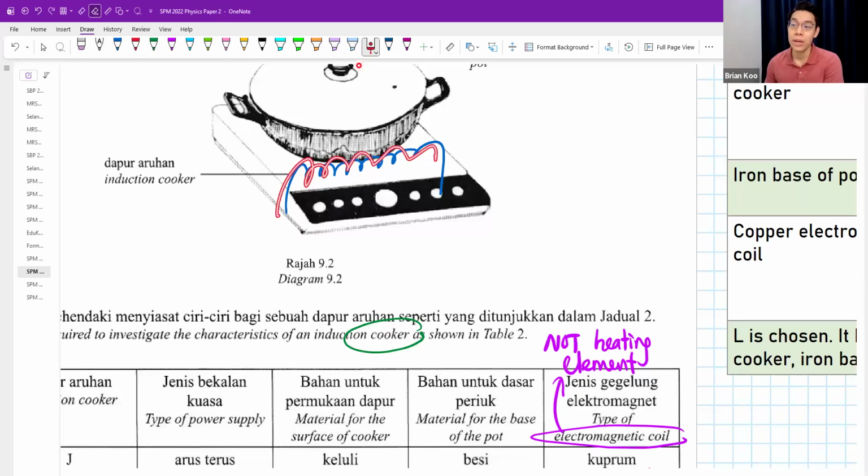And then this coil, because have very strong current, the current keep changing direction, it will produce a very strong magnetic field at the bottom. When it produces a very strong magnetic field, it will interact with your iron pot. At the bottom of the iron pot, you are going to produce eddy current.